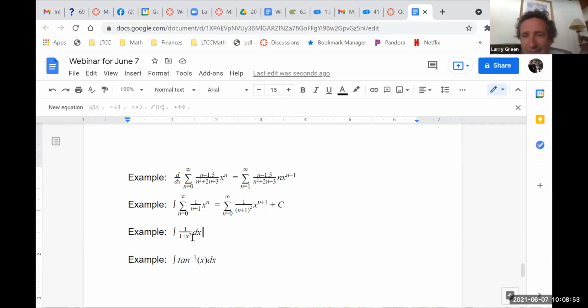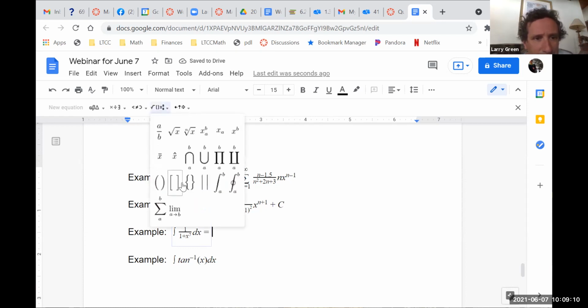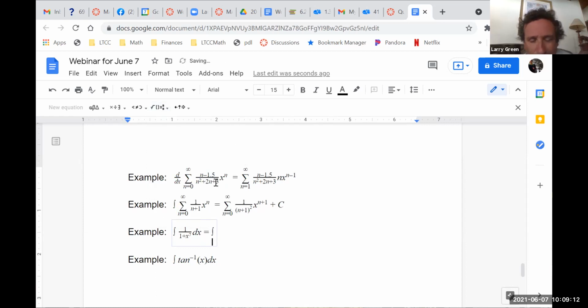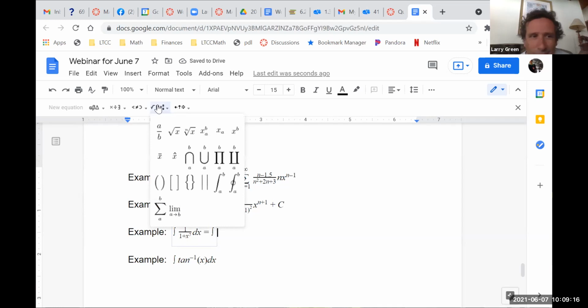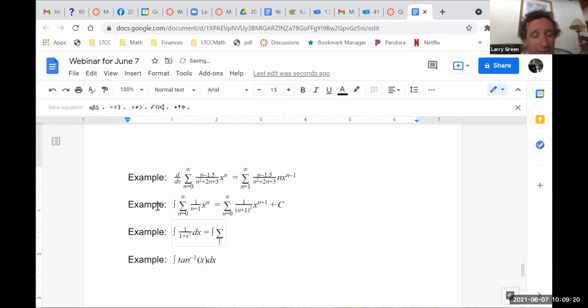On the other hand, now that we have a new tool, it's actually not that hard. I see a 1 over 1 plus x to the 7th. How do I rewrite that in this class? Yeah, it's a geometric power series, and it's not that hard.